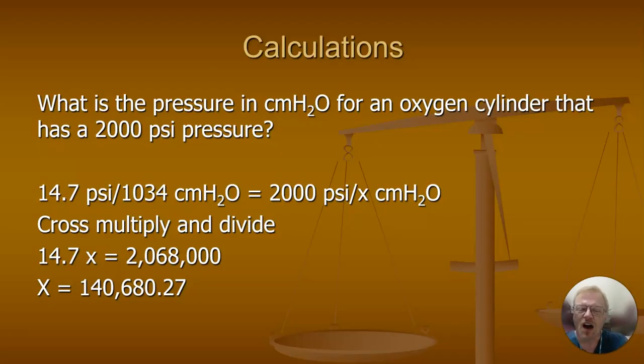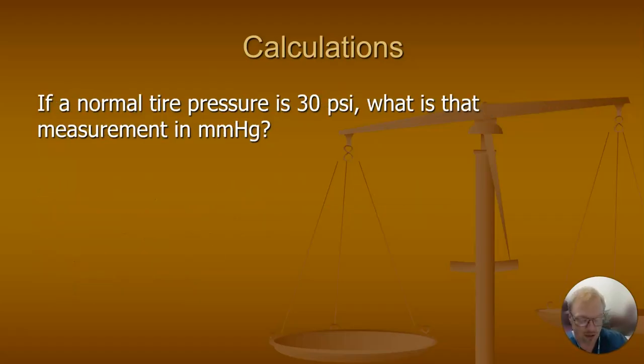Let's use something with not quite so many big numbers. Let's talk about your tires. Okay? If a normal tire pressure on your tires is 30 psi, which is what it should be, between 30 and 35 psi, what's the measurement in millimeters of mercury?